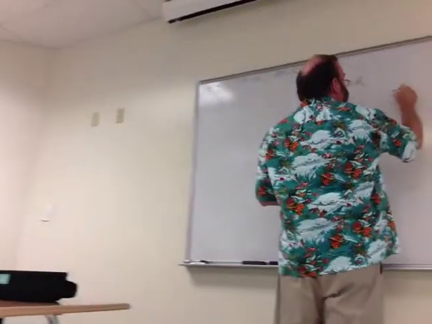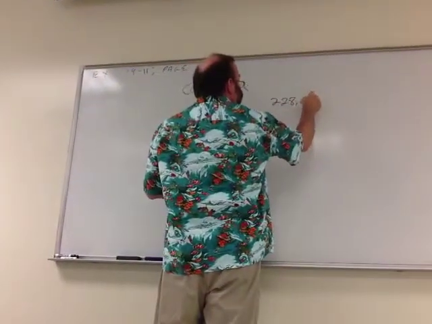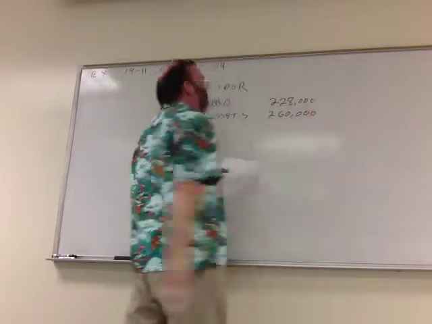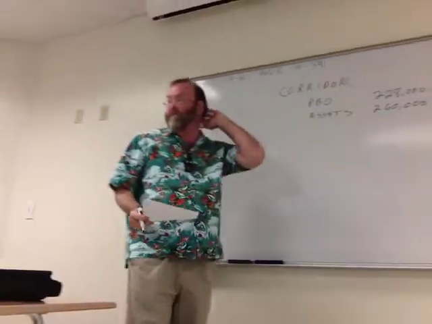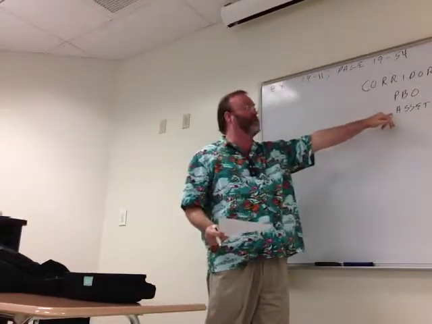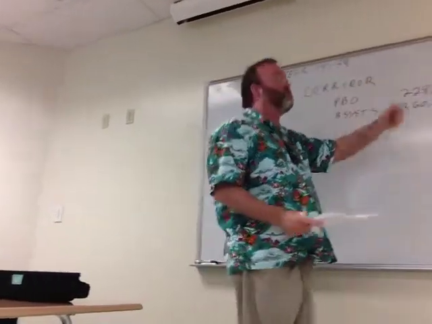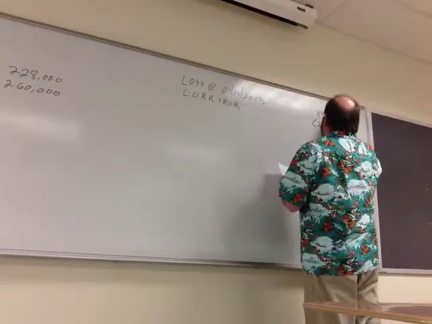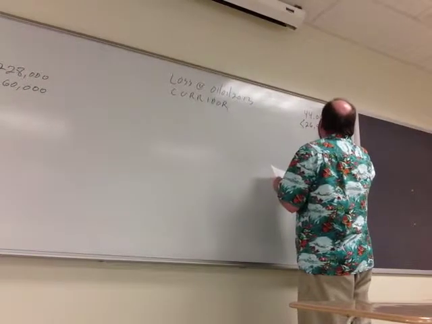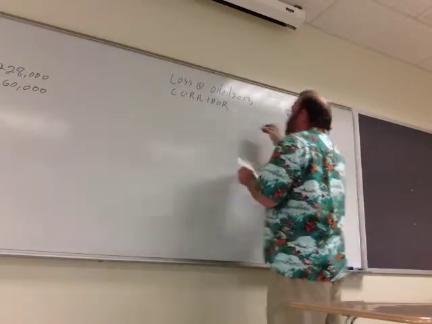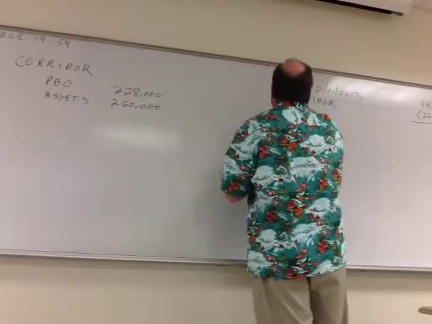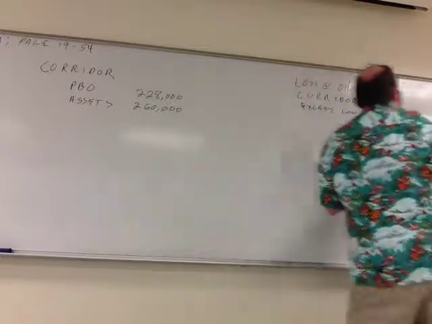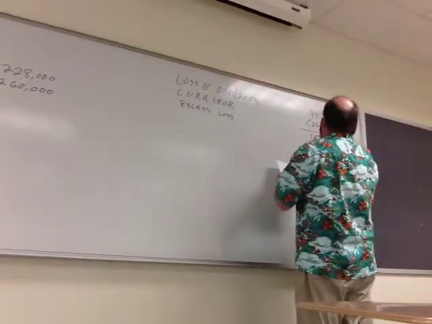So we have $228,000 in projected benefit obligations, but we have $260,000 in plan assets. So the larger in this case is the plan assets. We have been overfunding, so we get to deduct from this $26,000. That leaves us an excess loss over the corridor of $18,000.